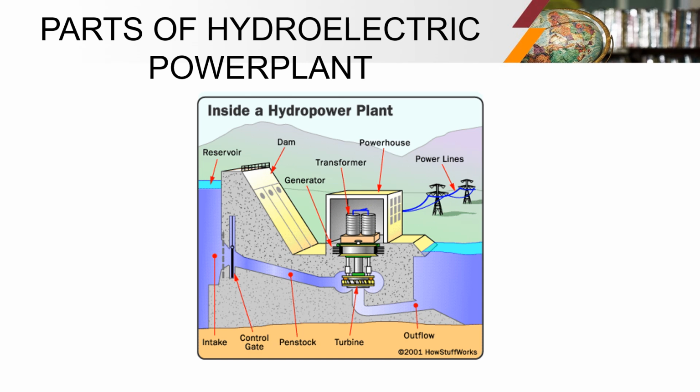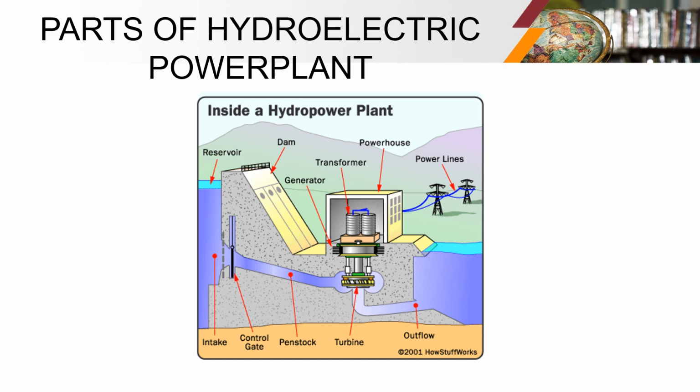So yung outflow natin, doon lumalabas or doon yung discharge ng ating liquid coming from the turbine. After na ma-harness natin yung flow energy ng water natin, it will then be discharged through the outflow. Minsan, yung water sa outflow, yun yung tinatawag nating tailwater.